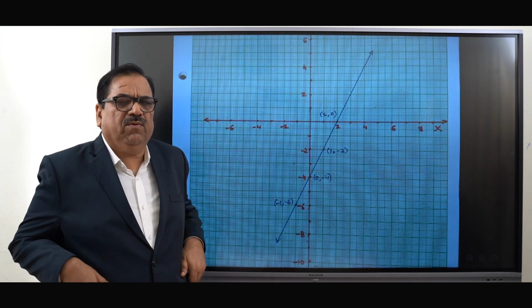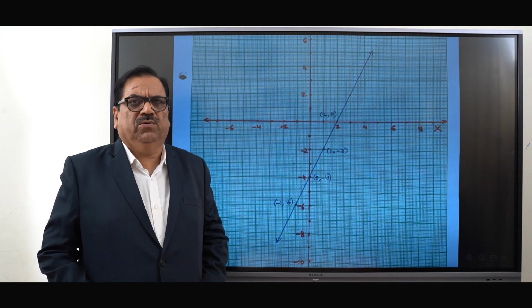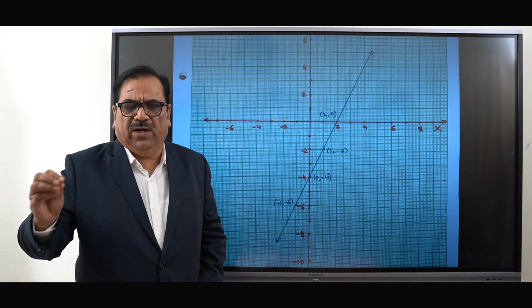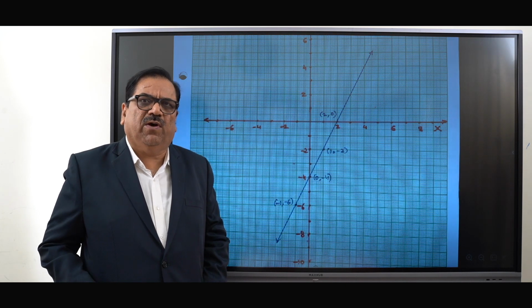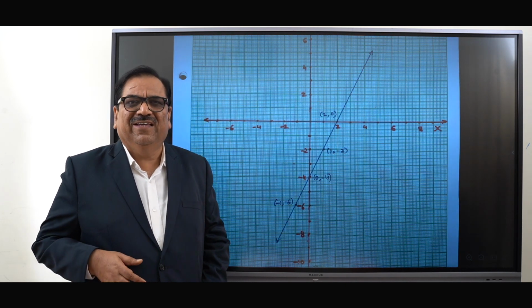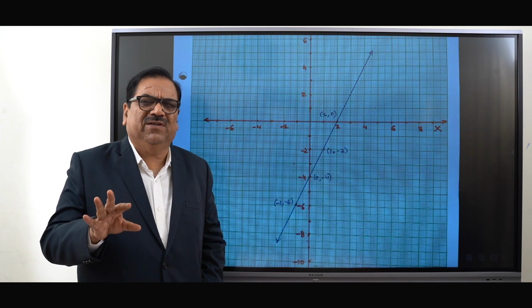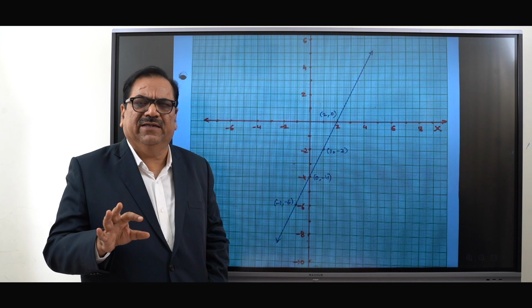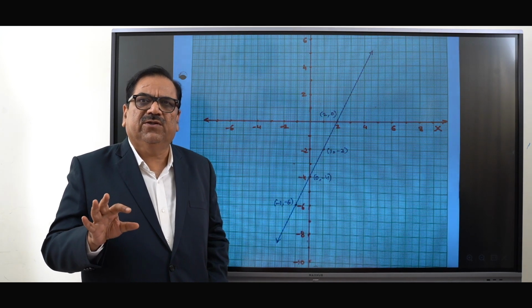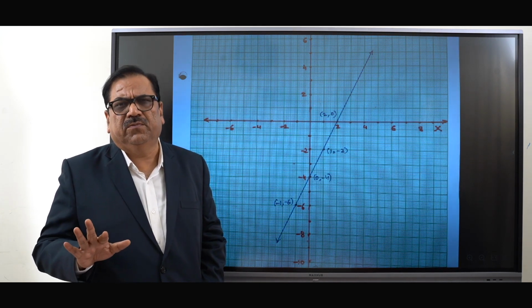For example, if one equation is x plus y is equal to 1, and the other equation is 2x plus 2y is equal to 2, it is the same equation. This is a coincidental line. It is the same line, and therefore it has no fixed solution.